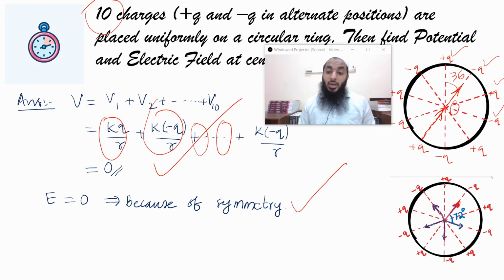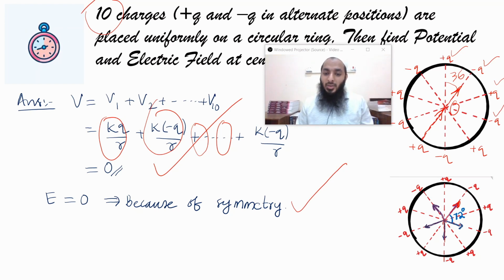You want to check on that? I'll tell you an idea to understand that. Suppose the electric field was E. Now if I rotate this system by 72 degree, I'll get the same system, right? But the electric field would have rotated by 72 degree. And how can the electric field be same in both the cases? It will be same only if electric field is 0.